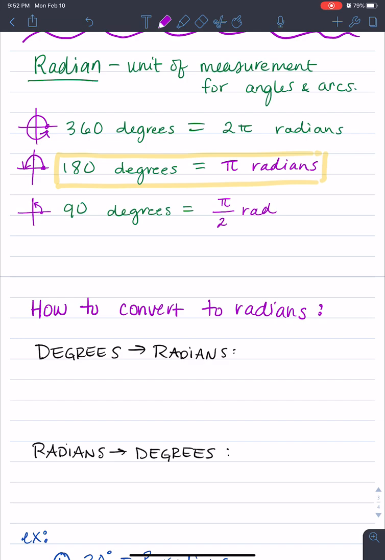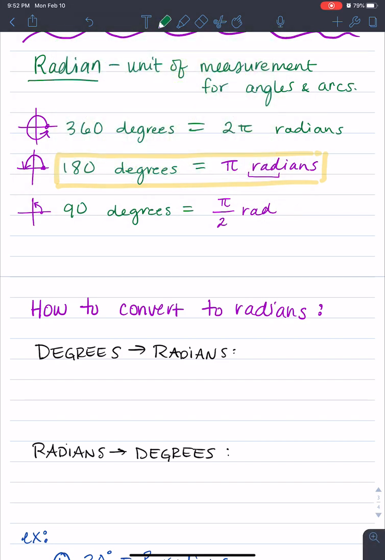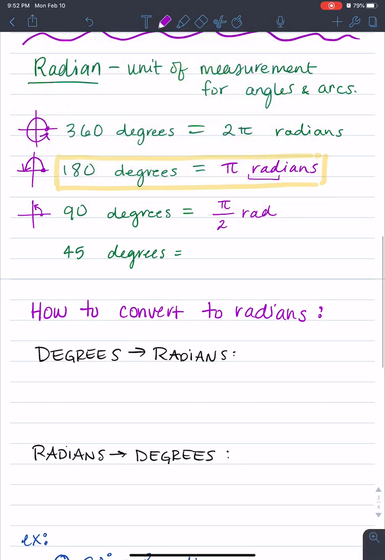So instead, we just abbreviate it rad, because it's so rad and cool. All right, so you're getting the gist? Let's do it one more time. What if I divide 90 by 2? That's 45 degrees. Okay. So that's going to be going half of 90, which is like that.